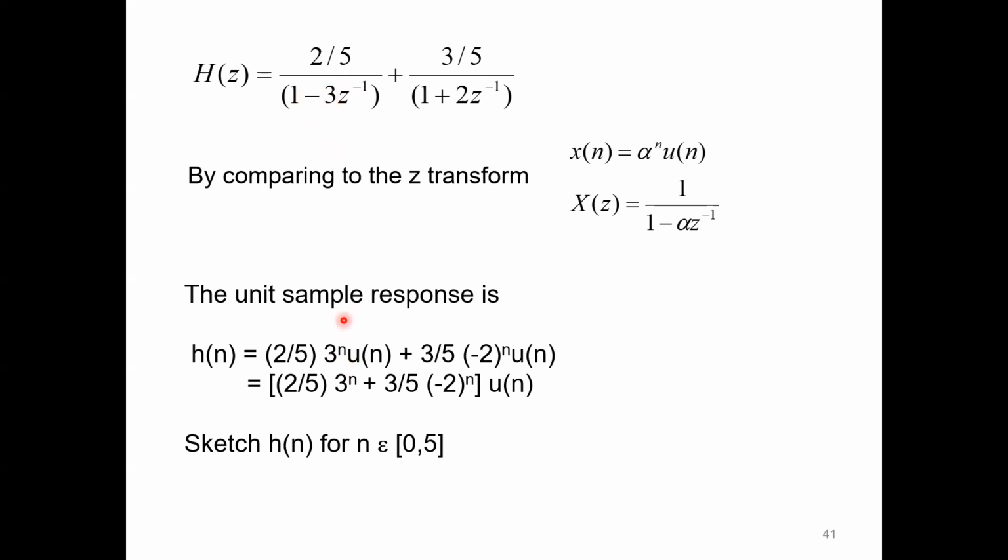This quantity is actually 3 to the n. u[n] is anyway there. It represents the presence of the impulse at that point. Similarly, the second term is 3 over 5, a constant, times this term here.